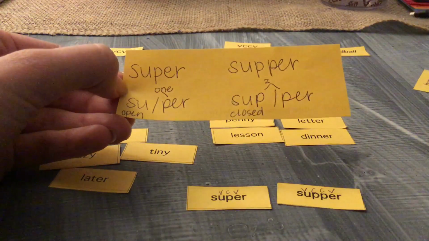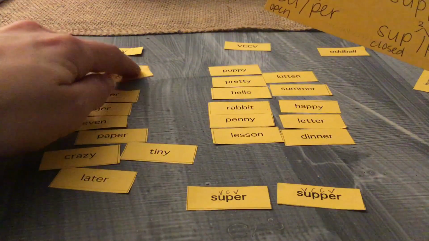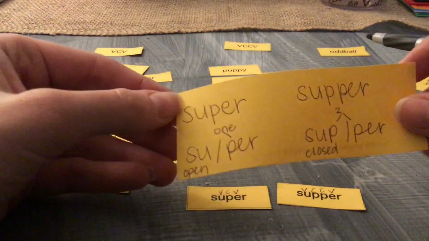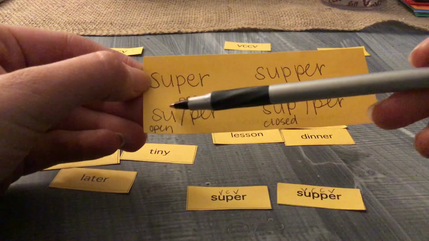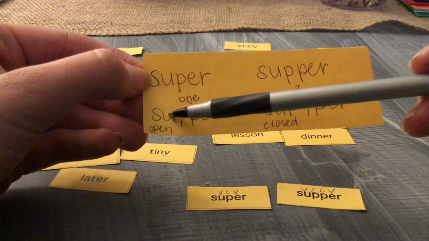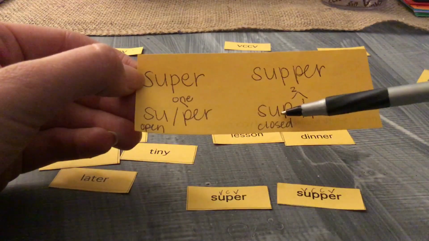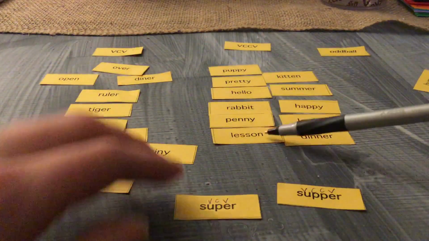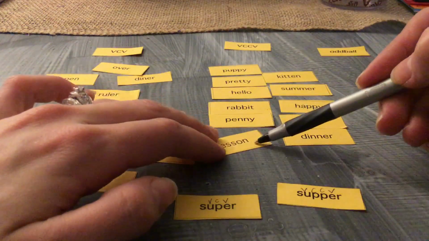So when you're saying it, you can try and figure out if there's going to be a double letter just based on the vowel sound that you hear. Because if it's open, like in super, it's going to be more likely to be a long vowel, versus when it has that closed syllable, it's going to be a short vowel. So if we take a look at a couple of our other words, like lesson, less-in.